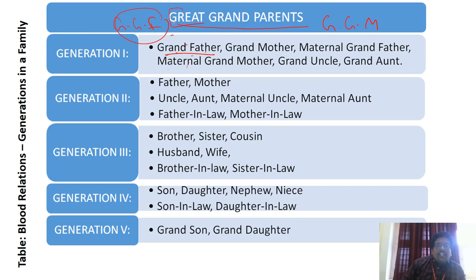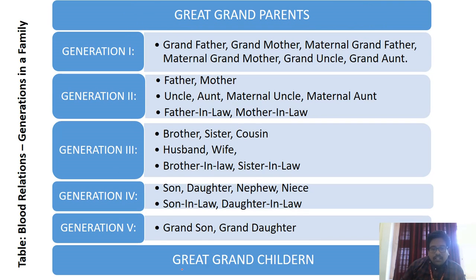Now, if you have great grandparents, for them you will become great grandchildren. That's it. So any relation below this is great grandchildren, and any relation above this comes under great grandparents. Grandfather's father is also great grandfather.